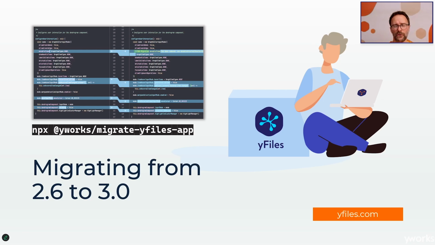So now lots of changes in there. So how difficult or easy is it to migrate from version 2.x to 3.0? And let me just show you the tool that we created for that purpose. And so let me just switch to an IDE.